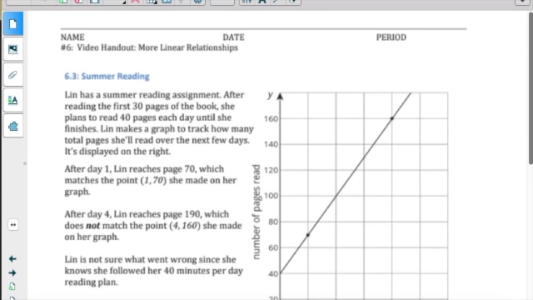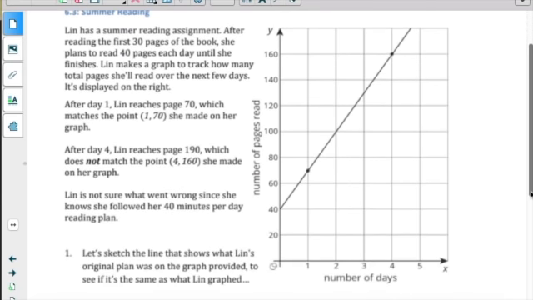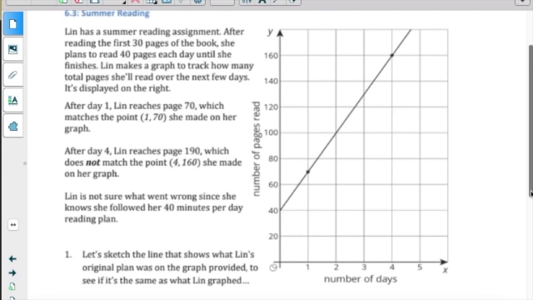So here's our graph. You can see that Lynn graphed her reading plan of 40 pages each day. And where did she start? Where did she begin? It says that she read 30 pages first and then 40 pages each day.